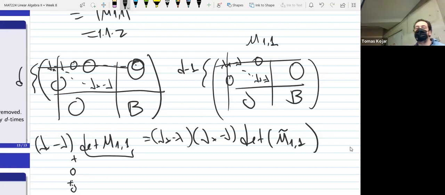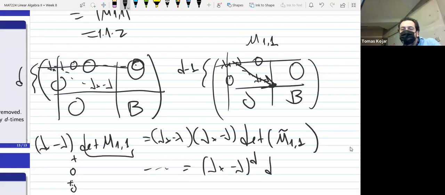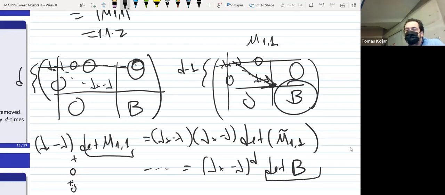And you keep playing this game till you hit this checkpoint. So you end up with D of them times the determinant of B. And that's game over. You call this Q lambda, and you get your exponent.